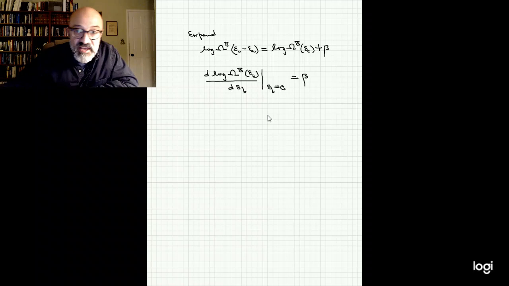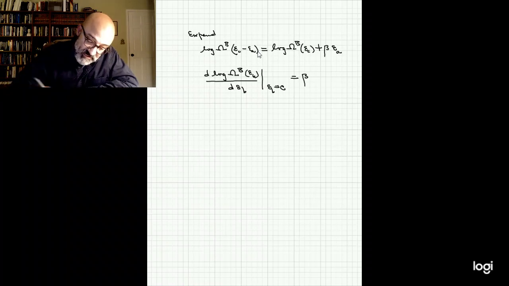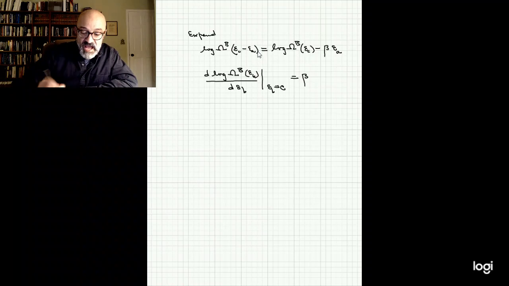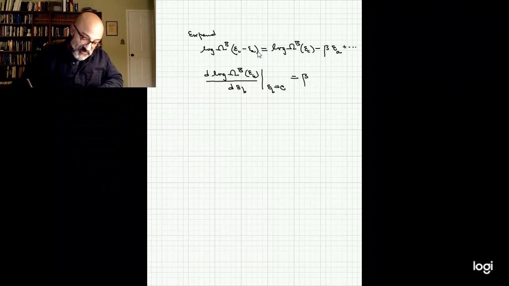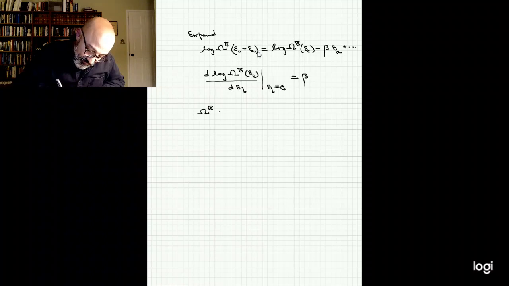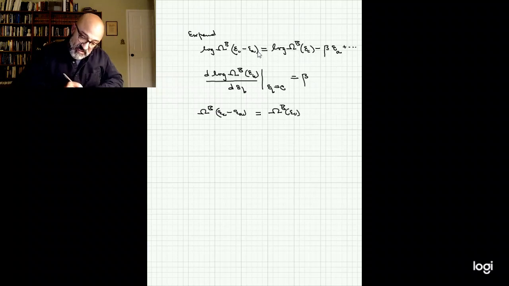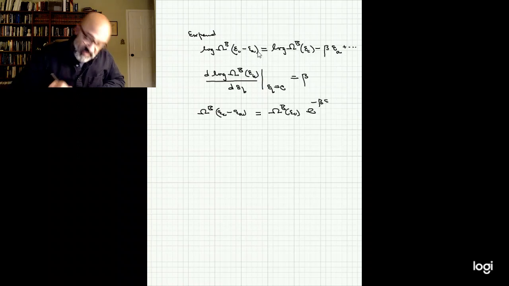So we have the derivative multiplied by the small displacement, which is minus beta EA. And because the bath is so big, we're going to neglect higher order terms. Very good. Now that we have something like this, we can take exponentials. This is going to be equal to omega B of EC times the exponential of minus beta EA.